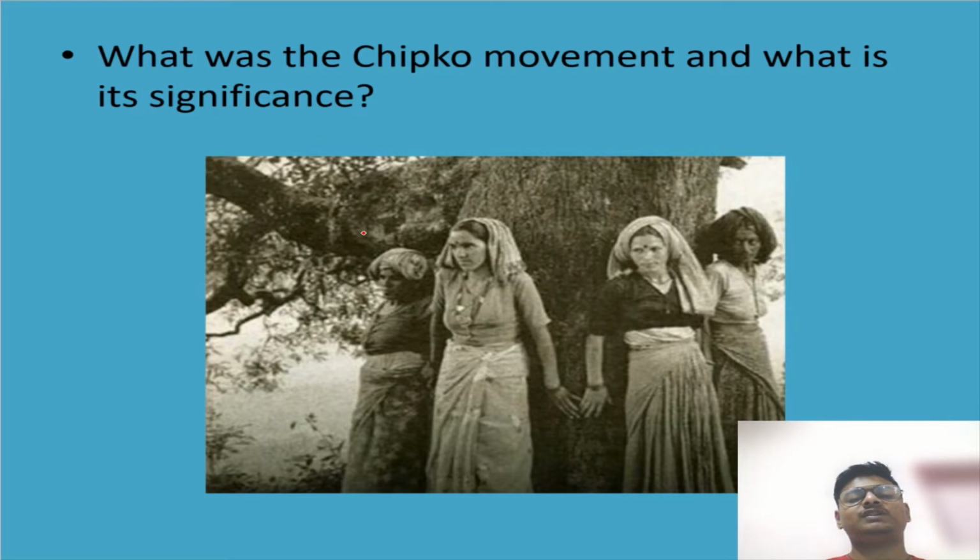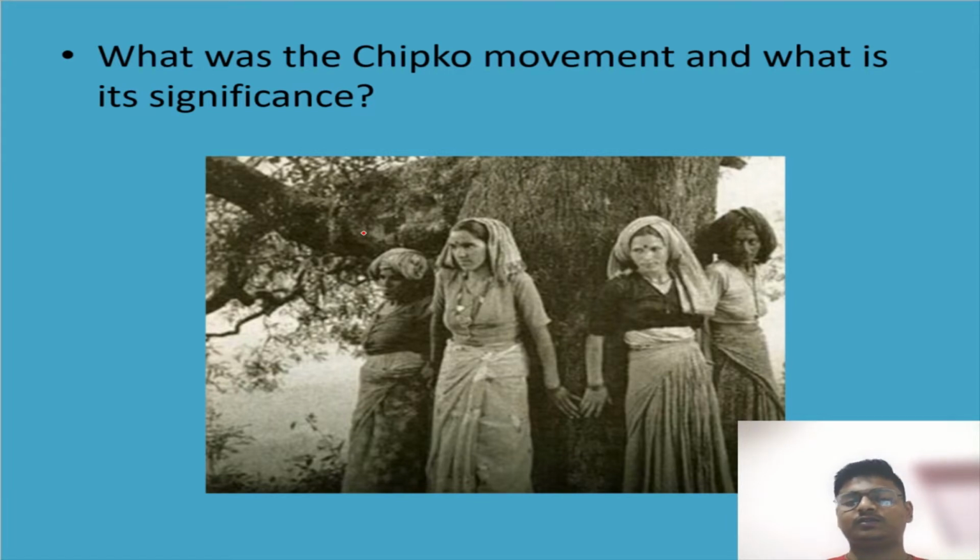That was the Chipko movement. They were protecting the trees from being cut down. Its significance was that on a large scale it made humans aware that trees are very important for our life. That's why we will not cut down this tree, and we will not let anyone cut this tree.